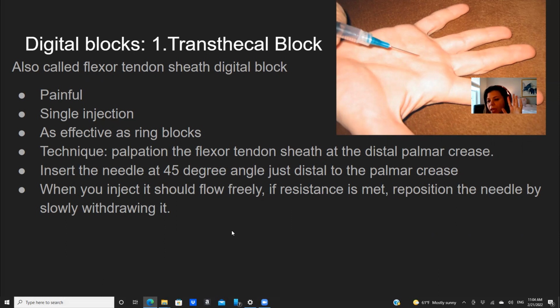This method is as effective as a ring block, and therefore I'm not going to be talking about ring blocks in this lecture because I don't do ring blocks. I don't see a reason why I need to inject somebody on 3 different sides of their finger, or 4 sides, just to achieve the same thing that you can achieve with one single injection. So that is the transthecal block.